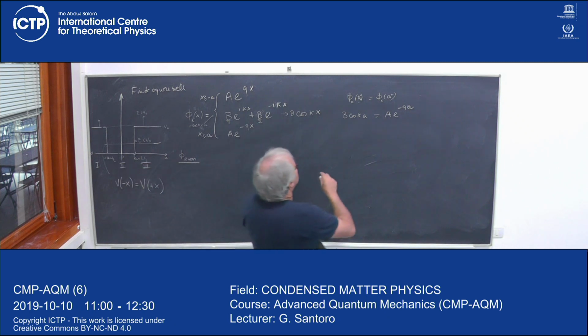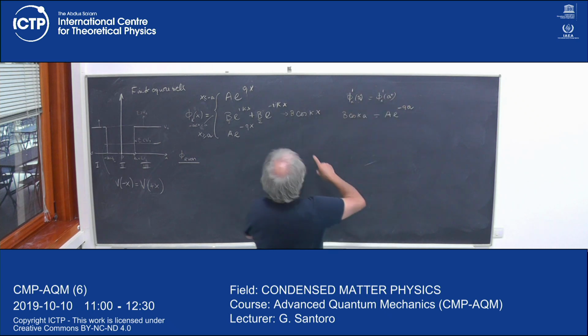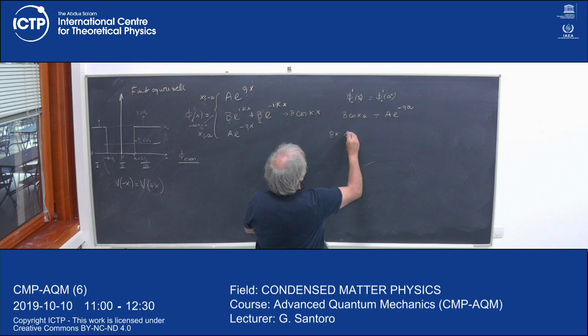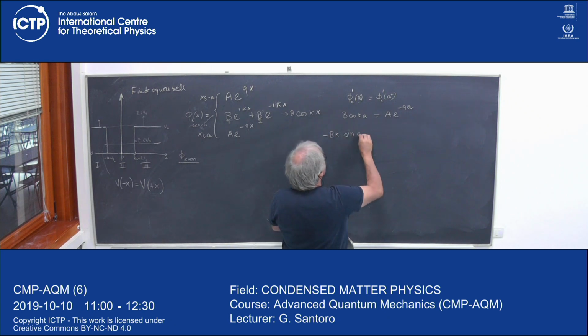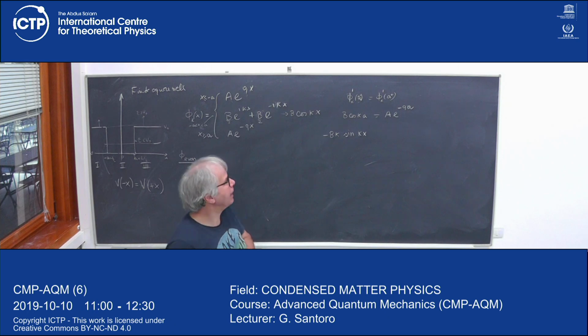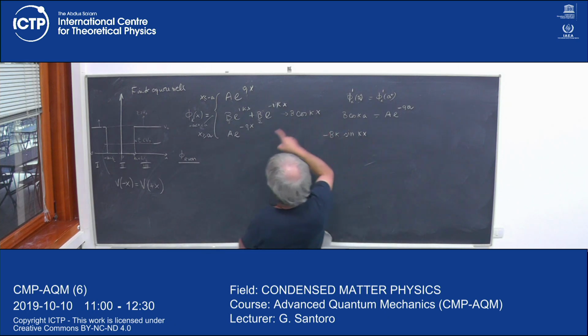Good. What about the derivative? Also the derivative has to match. Let's calculate the derivative of this. It is b times k times the sine, with a minus, right, yes. The cosine has this strange thing of giving me minus. Okay, good. And what about the derivative here?